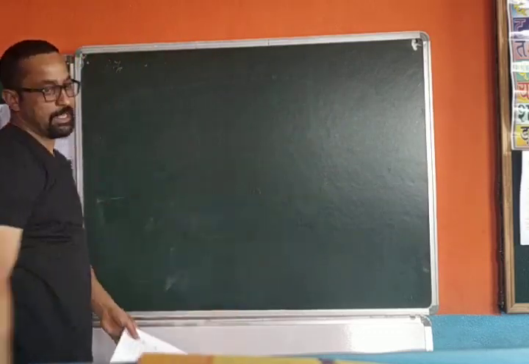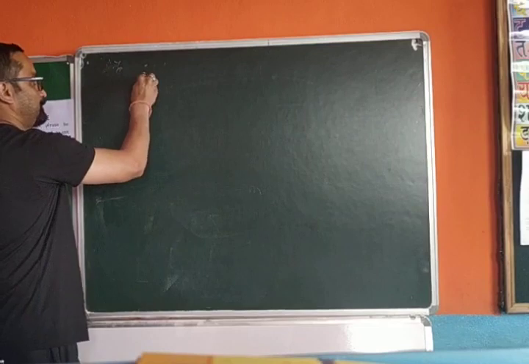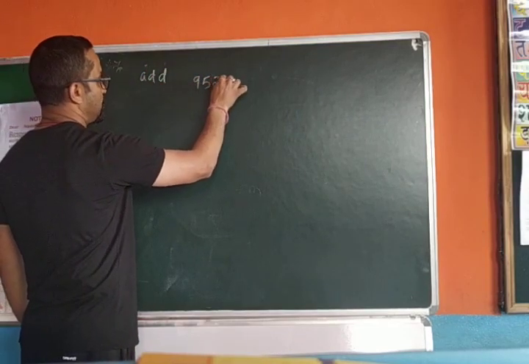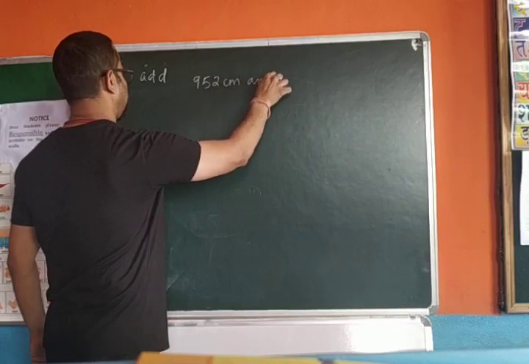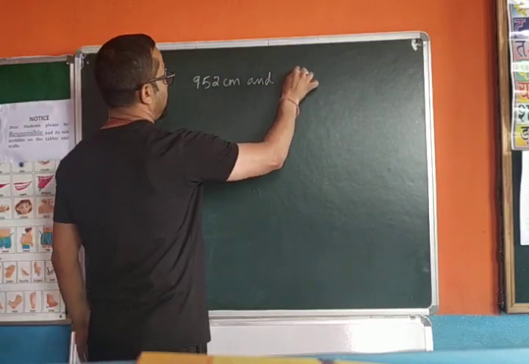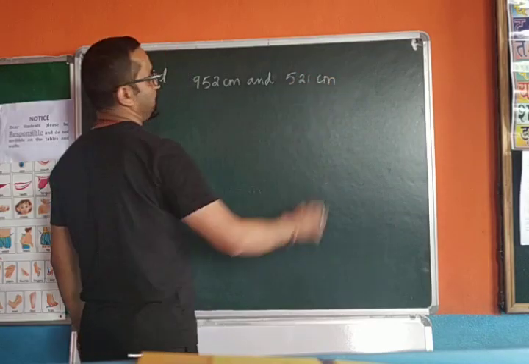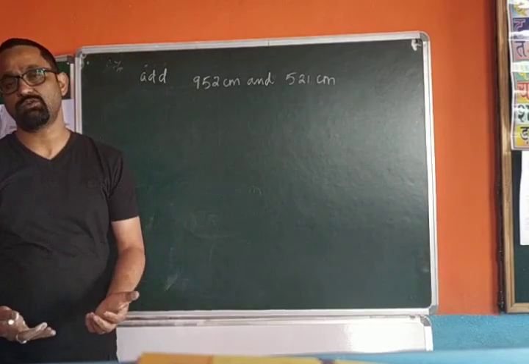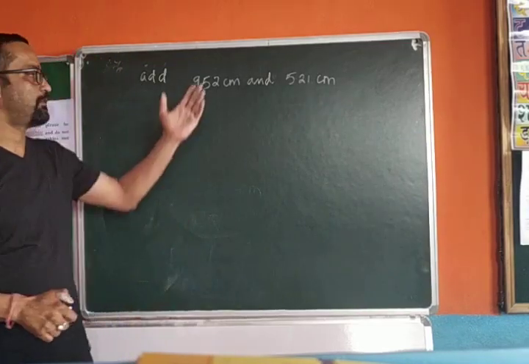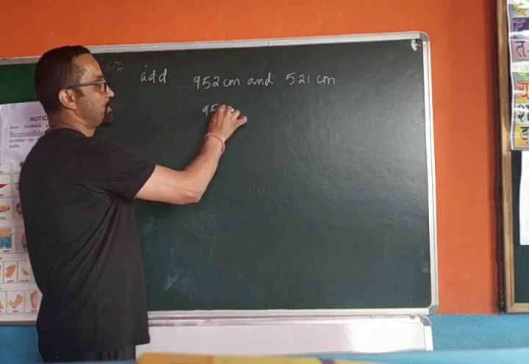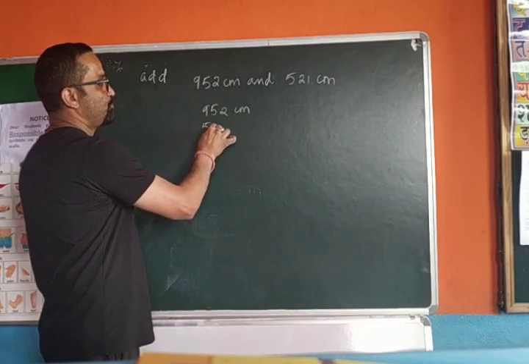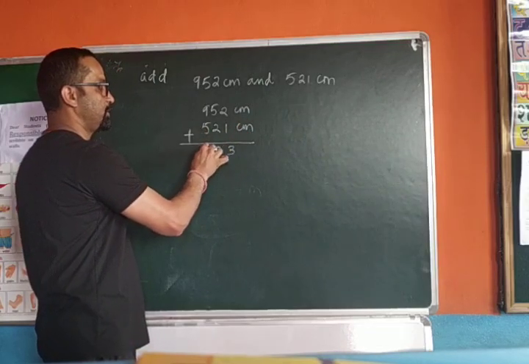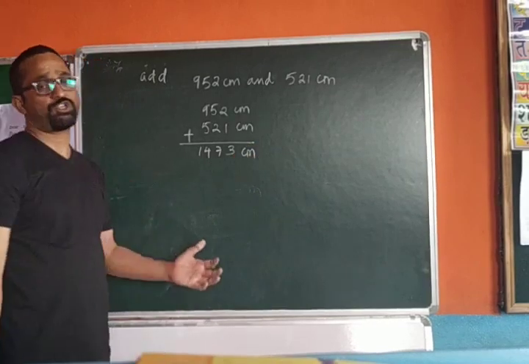Suppose you may get a question like this: add 952 centimeter and 521 centimeter. Both are in centimeter, so you don't have to worry about changing units. You can write 952 centimeter, 521 centimeter, then you can add it up. 1473 centimeter.